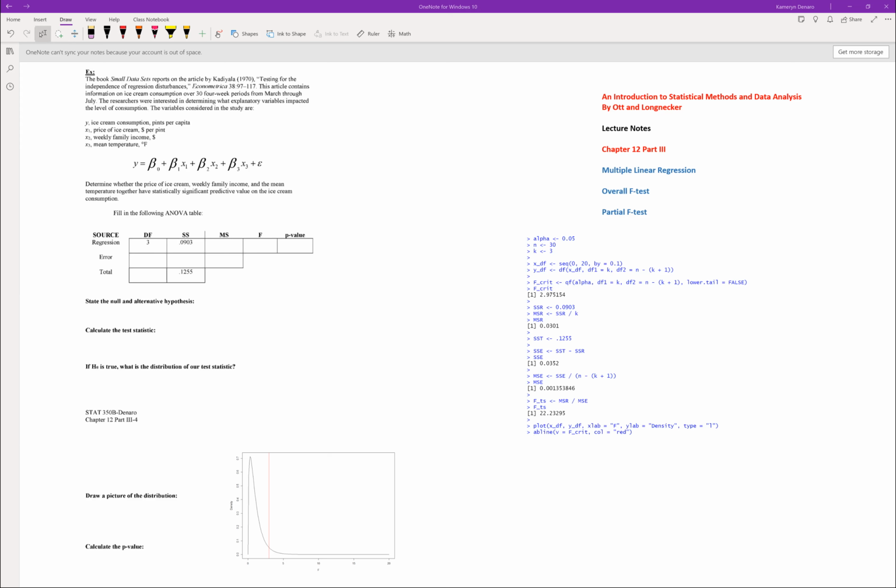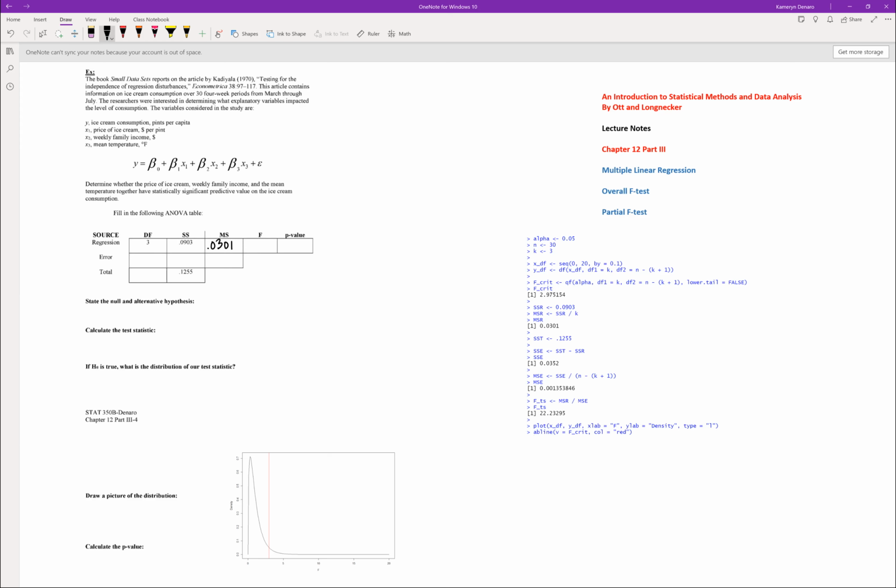So if we want to calculate the mean square due to regression, we're going to take this 0.0903 and divide by 3. All right, so we get our mean square due to regression as 0.0301.